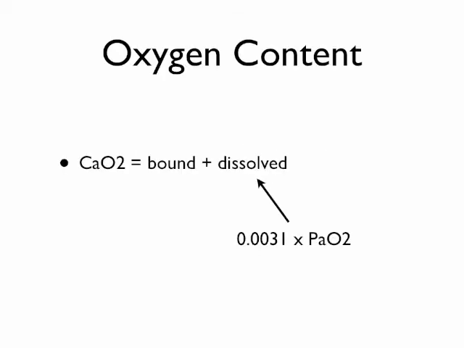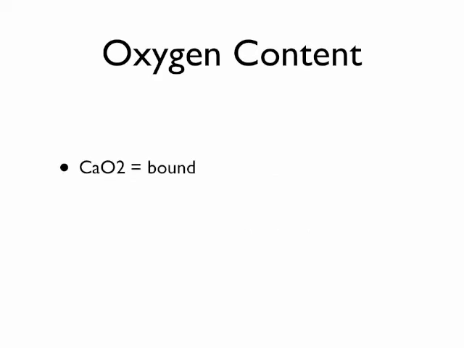So we start by thinking about the oxygen content of the blood. The oxygen's in two forms. It's mostly bound to hemoglobin, and there's a little bit that's dissolved in the blood. But the dissolved fraction is really fairly trivial, so we're just going to ignore that for the purpose of the talk and the calculations. And we're just going to think about the oxygen that's bound to hemoglobin.